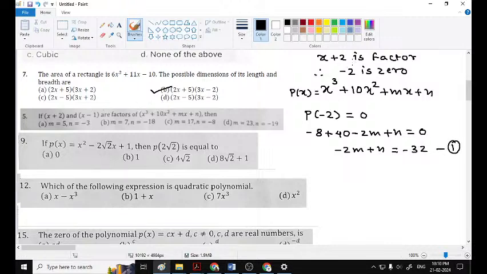Also x minus 1 is factor. Therefore 1 is 0 of the polynomial. Therefore p of 1 will be equal to 0.